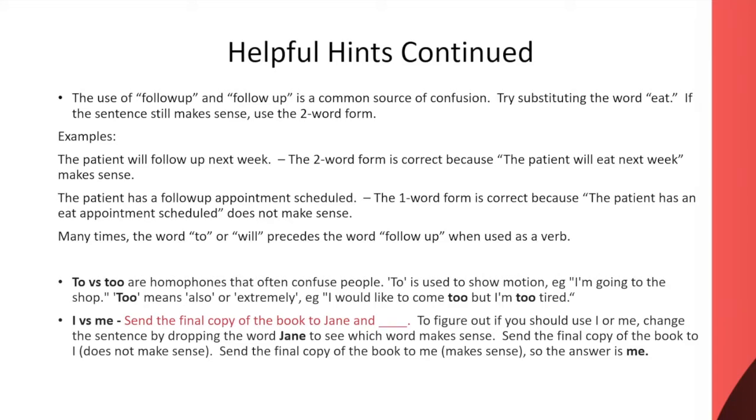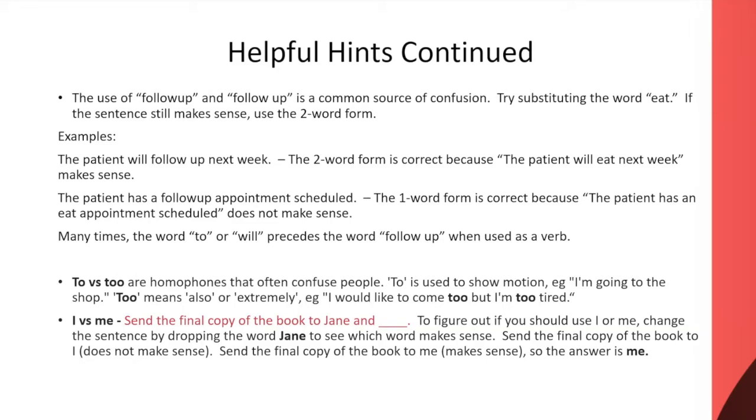I versus me, that's another one that is confusing. For example, send the copy of the book to Jane and I, or would it be Jane and me? To figure out if you should use I or me, change the sentence by dropping the word Jane to see which word makes sense. So, send the copy of the book to I. No, doesn't make sense.